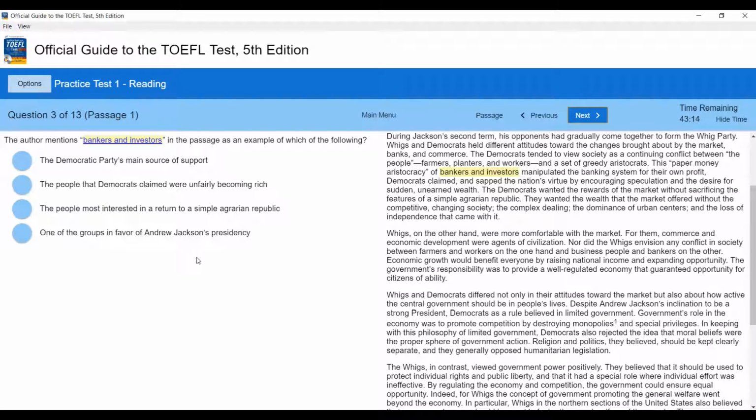It's mostly showing these two groups of opposition. This sudden unearned wealth could be related to this one. This one's right here.